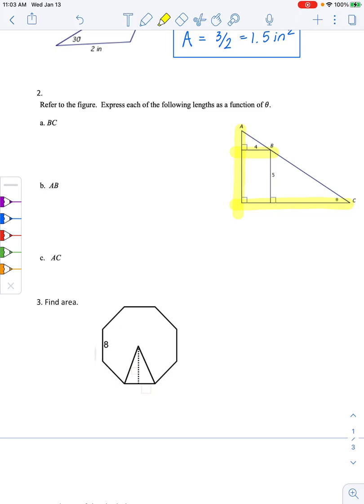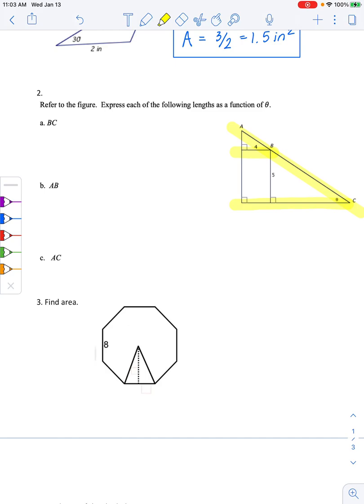So since those two lines are parallel, I'm going to erase that. This could be what's called the transversal. AC, the transversal. It's the line that is going through two parallel lines, and we get a lot of angle pairs. So I'm going to throw some terms at you.